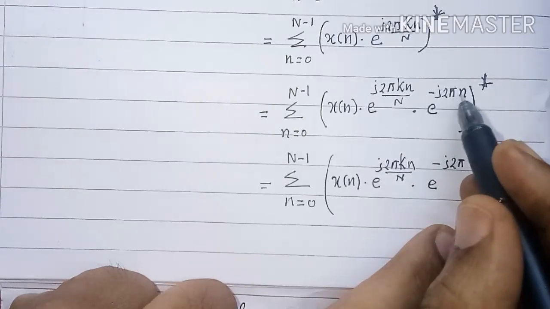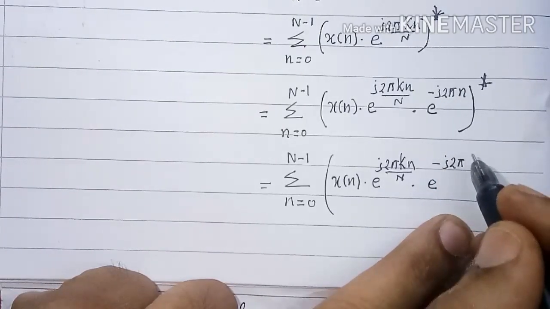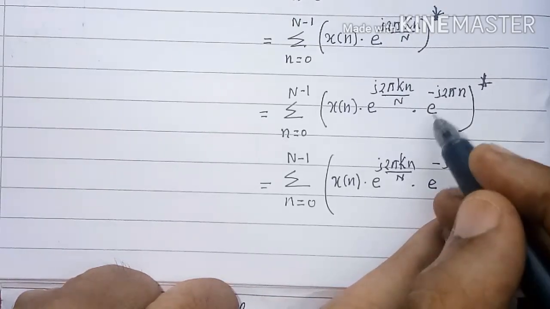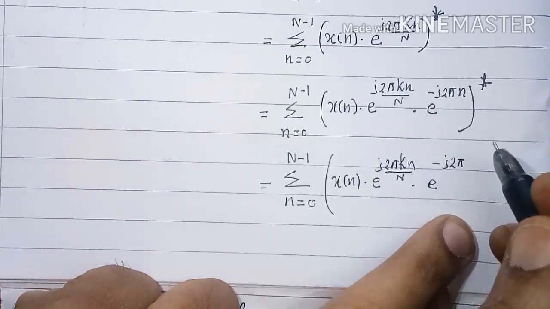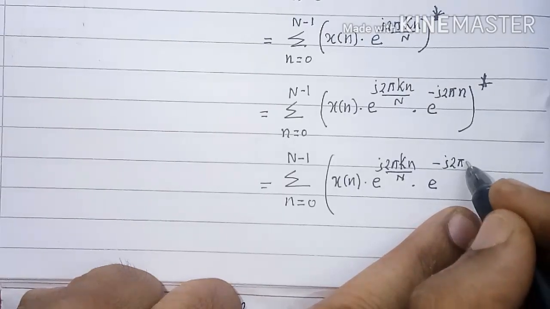I can multiply this power here by capital N and divide by capital N. That will not make any change in the value of this e raised to minus j2 pi n, because capital N by n will be once again equal to 1.